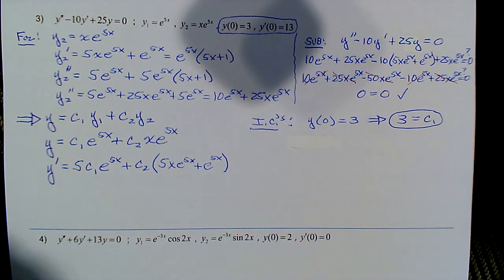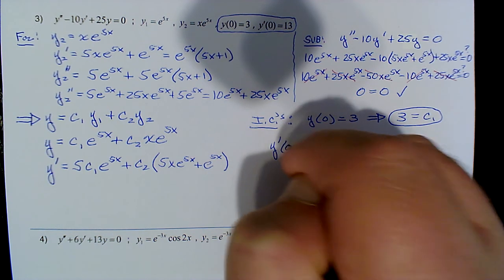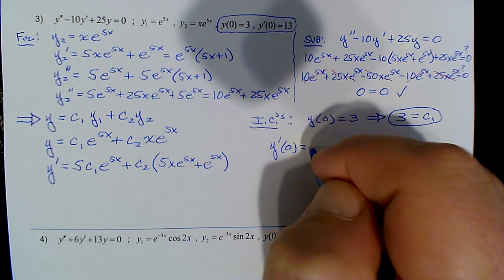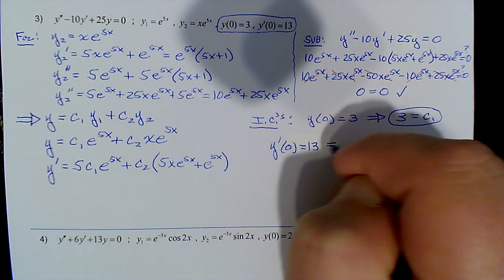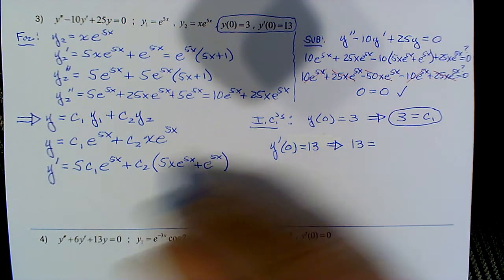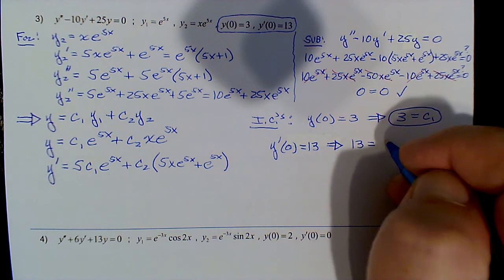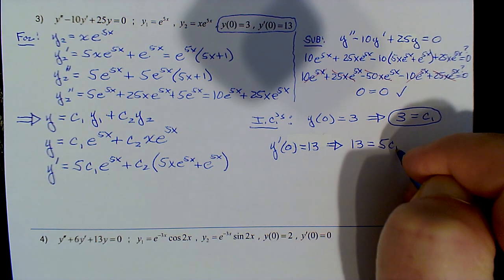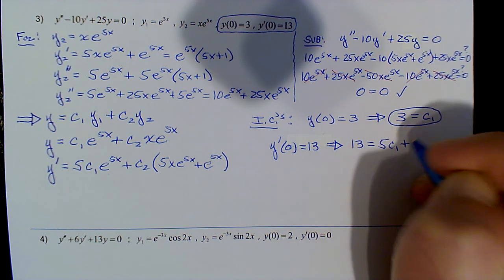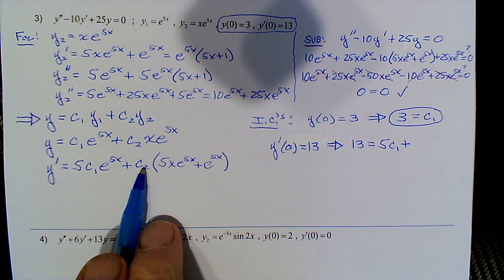And so then the second initial condition was that y prime of 0 is 13. So that gives us 13 is equal to, and then if x is 0, here we get 5c1, and then plus, if x is 0, this term goes away, and we just get e to the 0 times c2, or plus c2.